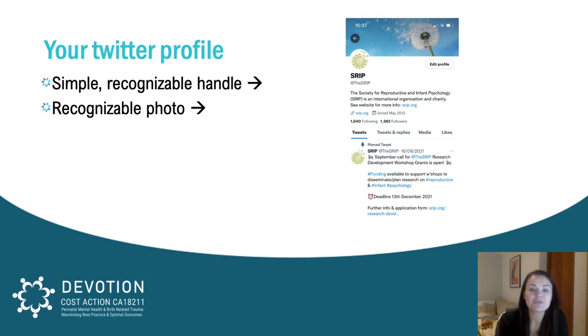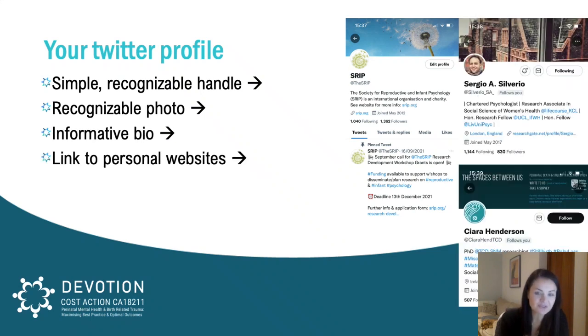You also want to use a recognisable profile photograph. You can see we've used our society logo as our photograph to again enhance the identifiability of the account. And there are a number of different things that we can also think about in terms of our biography. I've put on two really good examples here from Sergio and Kira, who are using their biography to effectively highlight who they are, what they particularly do, and any specific interests that they may have.